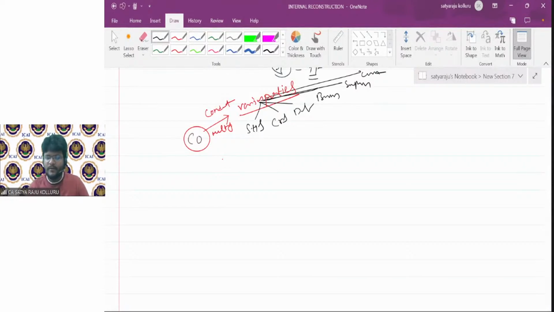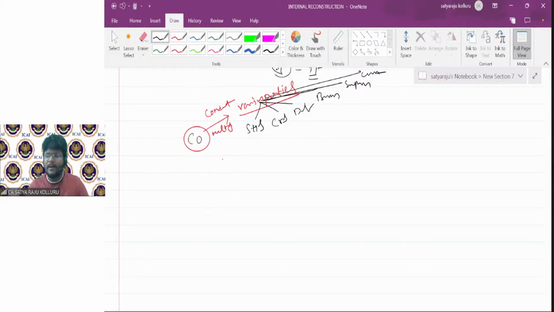In such meetings, they will tell the existing position, the management's thought process, how the internal reconstruction is going to happen in the future, and what terms and conditions are levied in the particular plan. Everything will be discussed.